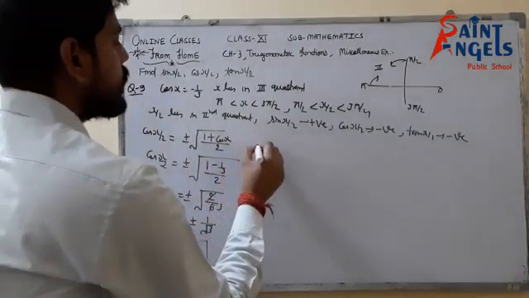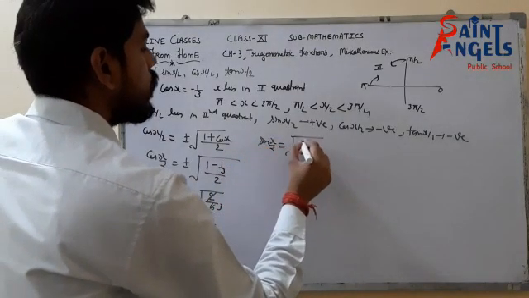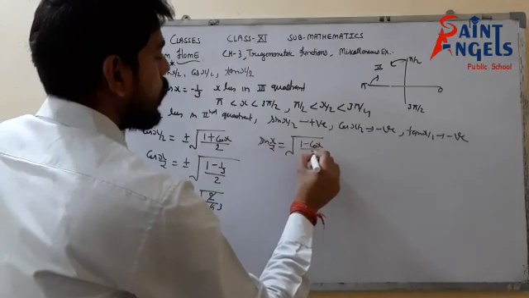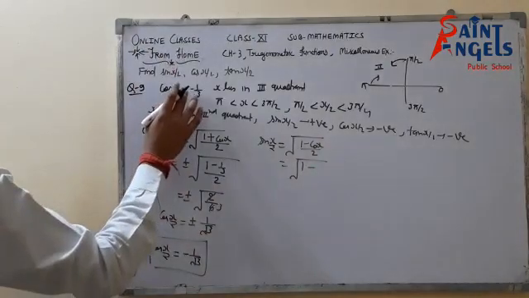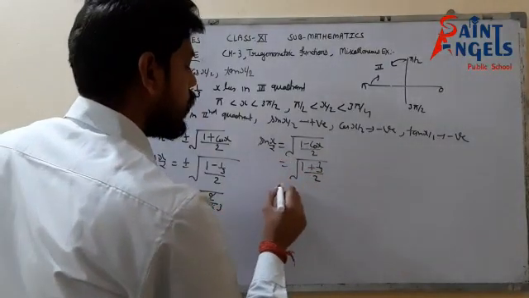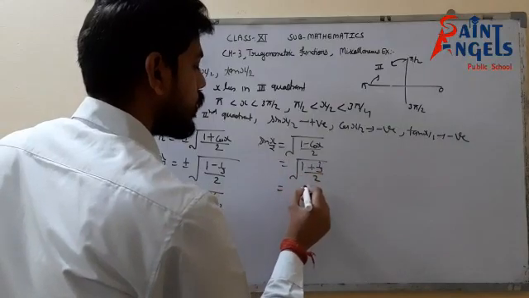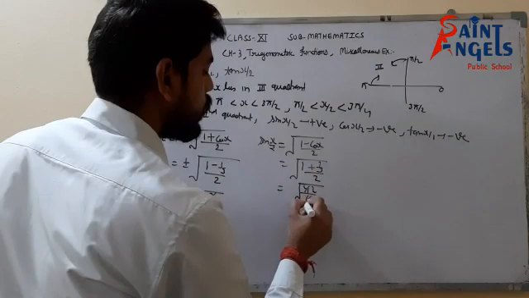Now find the value of sin x by 2. Sin x by 2 equals plus minus under root of (1 minus cos x) upon 2. Cos x is minus 1 by 3, so minus becomes plus: 1 plus 1 by 3, upon 2. That would be 3 plus 1, 4 upon 6, under root 4 upon 6, since 2 times 2 is 4 and 2 times 3 is 6.